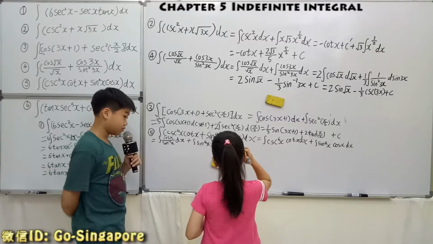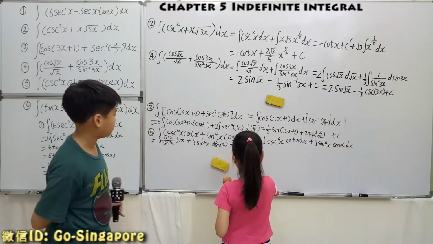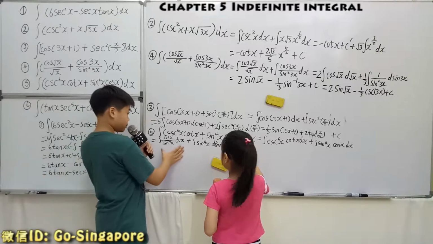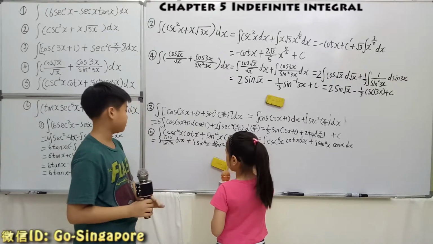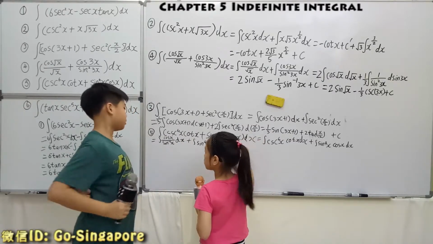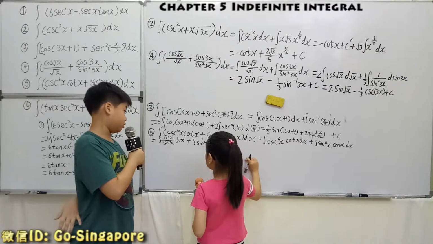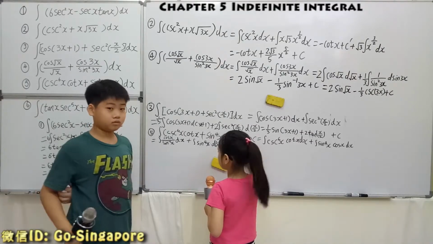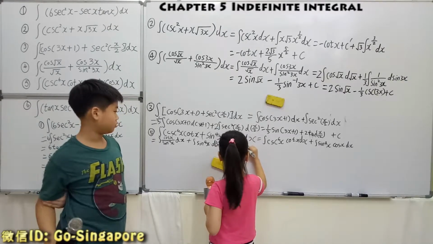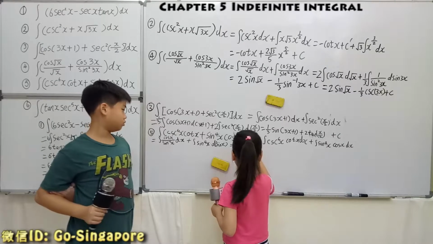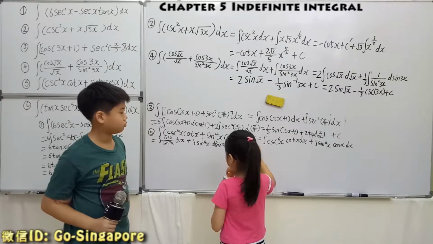Then equals. So for this part, the cosine x can also come in, right? Okay. Integral. And you need nothing too.